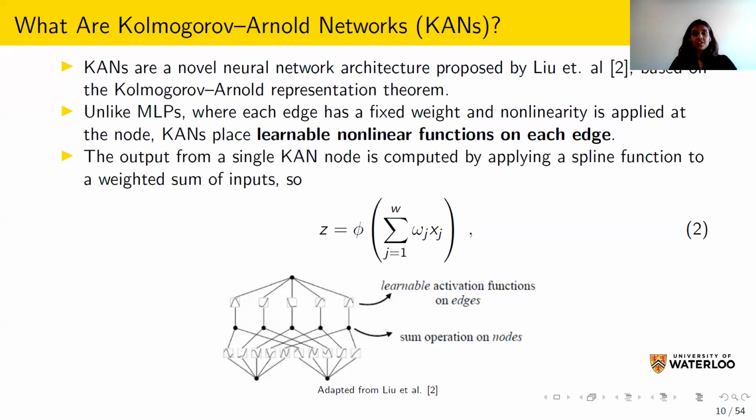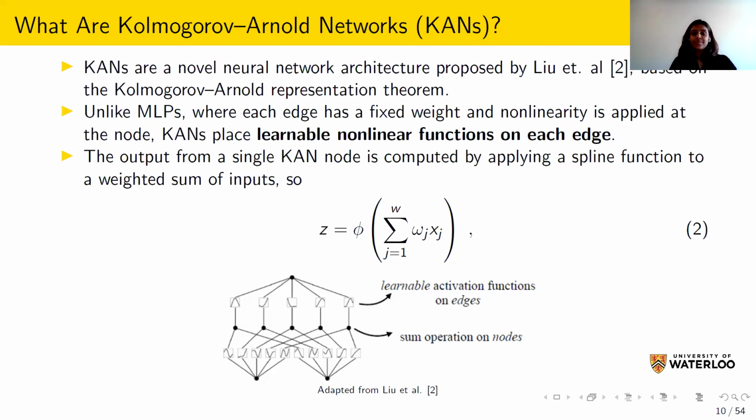So just a brief introduction about what KANs are. This is a novel neural network that was recently brought to light by Liu's paper, which is based on the Kolmogorov-Arnold representation theorem. I believe the theorem itself has been around since 1956 or 57.